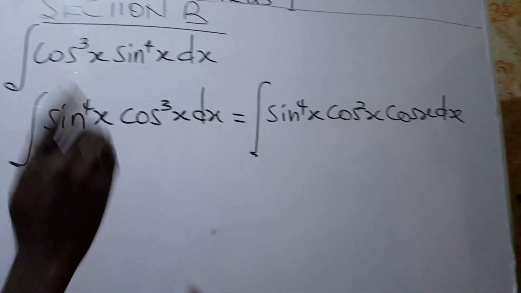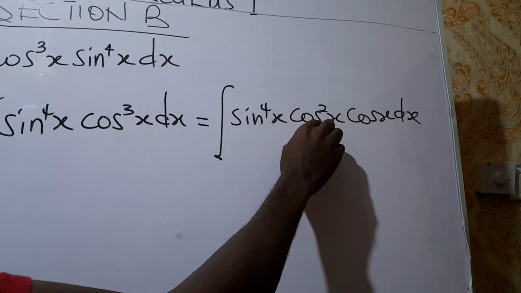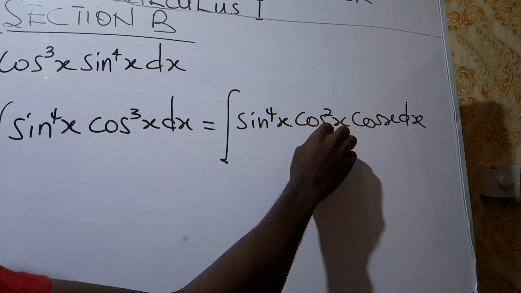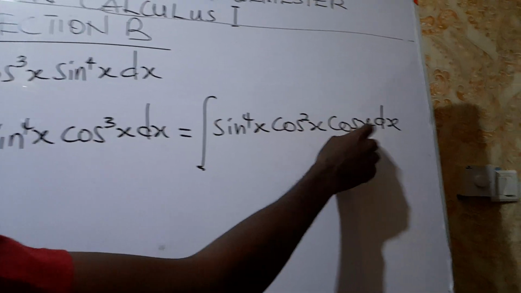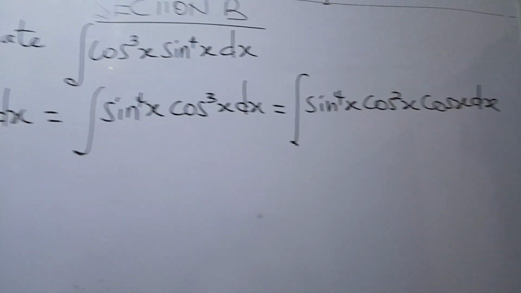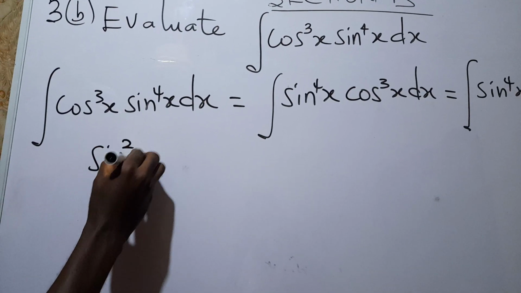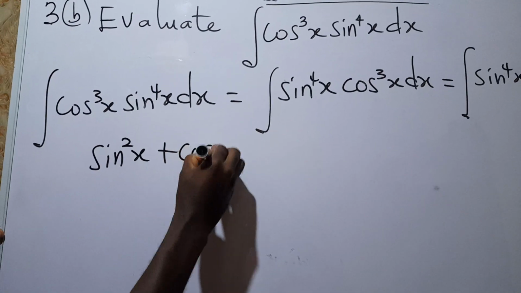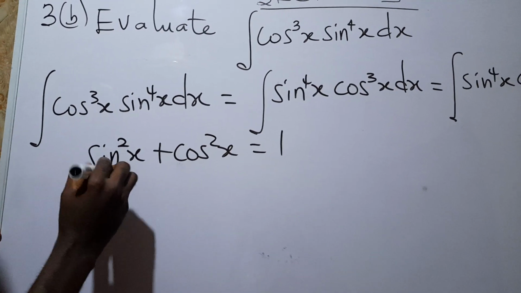Why are we doing it? We are doing it because there is a relationship connecting sine and cos, sin²x and cos²x. And also when we differentiate sin x, we'll get cos x. So we can use integration by substitution to do that. So remember very well that sin²x plus cos²x is equal to 1. Very, very important.